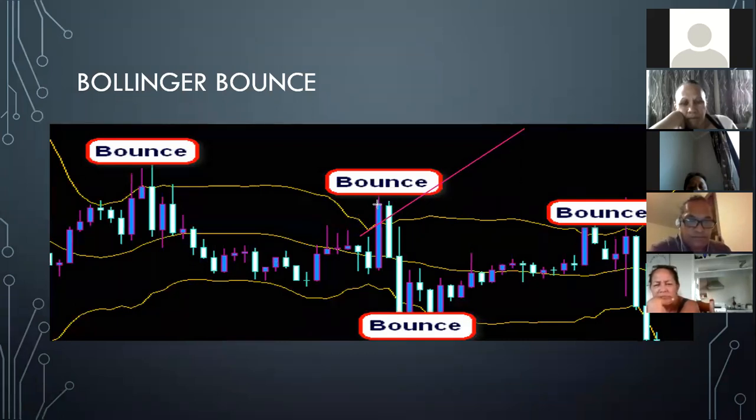It may break it for a small period and bounce back in, but it will never break it consistently and push far out, way outside the band itself. Now, what does this tell us? It tells us that the graph will consistently stay within the top and lower bands. It tells us that it's consistently bouncing off the top and bottom.